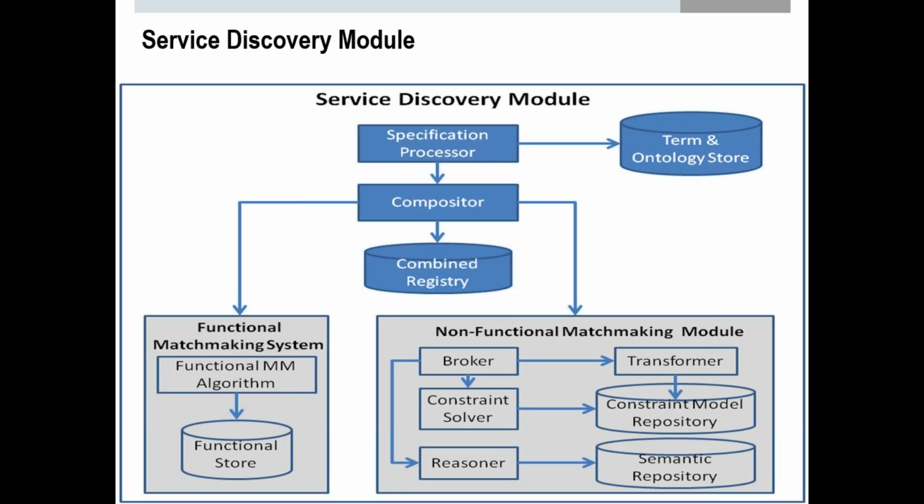Of course, this compositor is also able to be configured in order to apply particular composition logic based on the different kinds that were mentioned in the previous slide. So it can enable the sequential, parallel, or more advanced composition of the aspect-specific matchmaking systems.